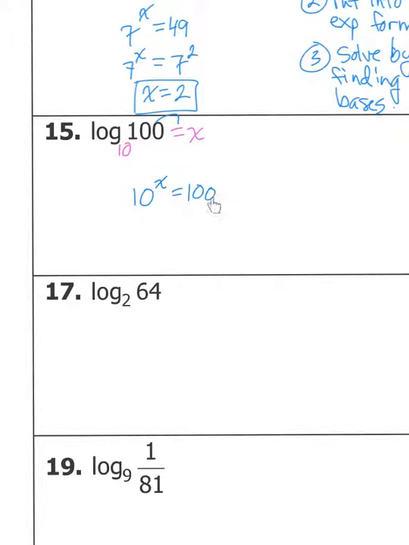Anytime you have a 1 and multiple zeros behind it, it's a power of 10. The number of zeros tells you what we're going to raise 10 to. Because I have 2 zeros, that is 10 squared. Now I have like bases, so x must be equal to 2. So log base 10 of 100 is equal to 2.